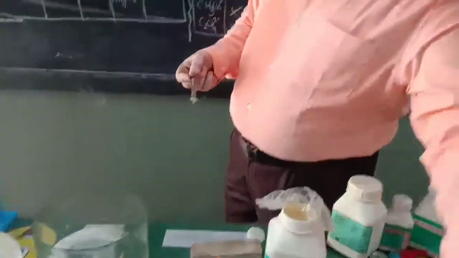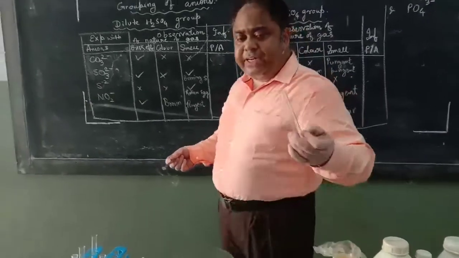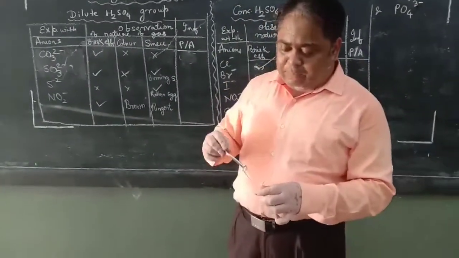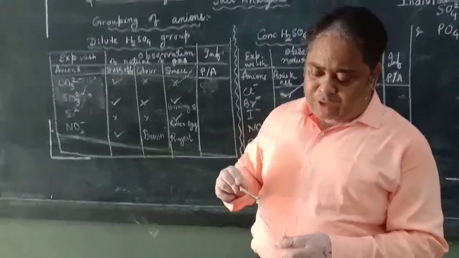This salt has become wet because it is a deliquescent salt. The meaning of deliquescent salt is the salt which becomes wet by absorbing moisture from the atmosphere.